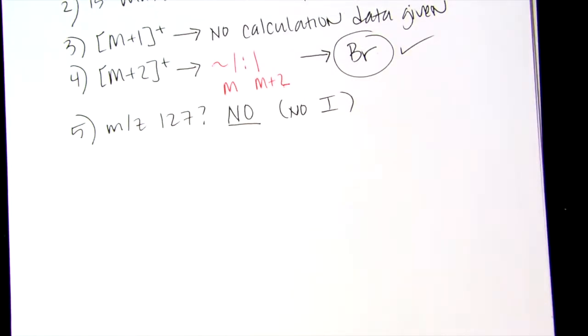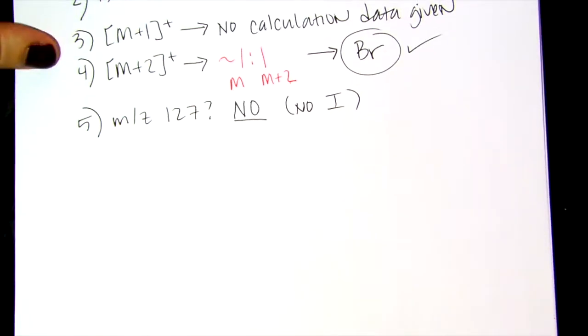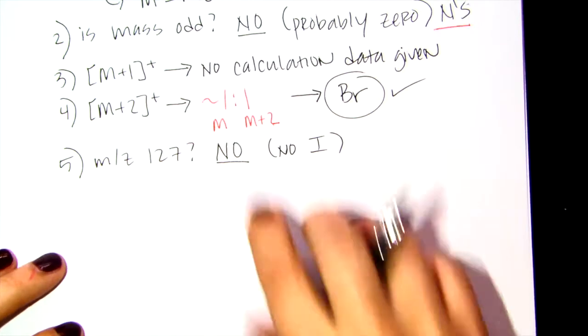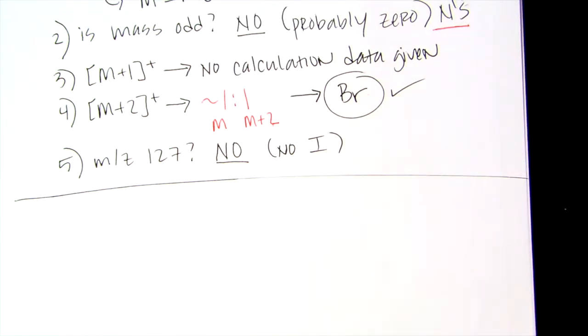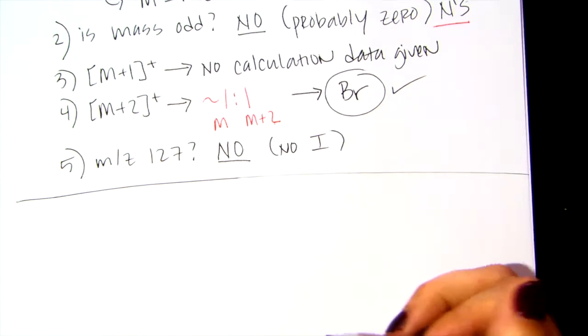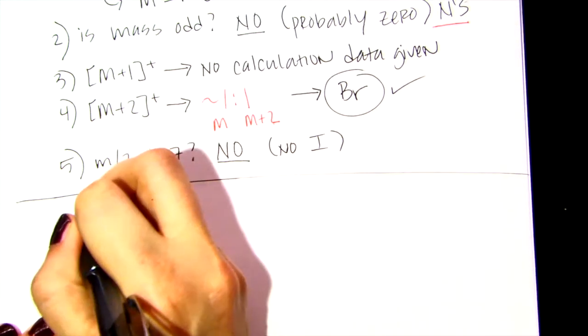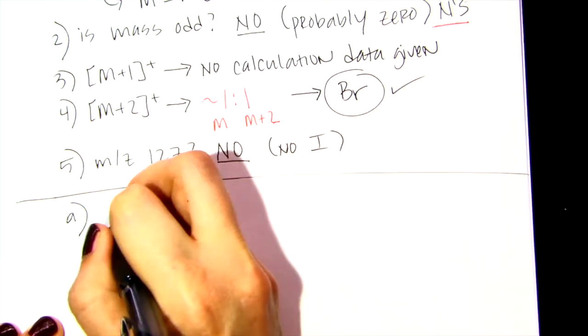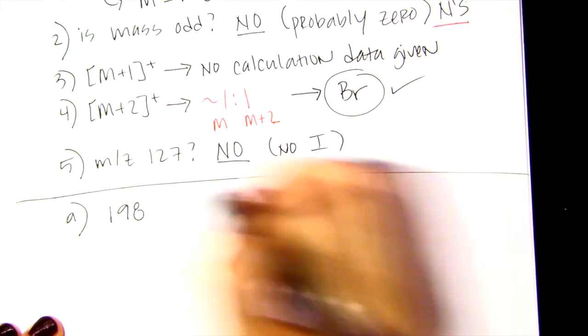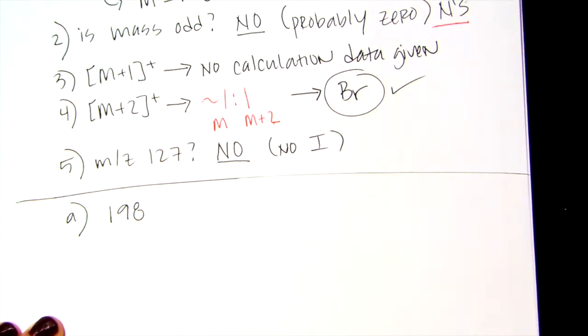And so we're ready to start putting the formula together. What we do is we start with our mass that we found. We're going to be walking through method 2 on page 6 of your worksheet. So we're going to take our mass, which is 198. This is step A here. And we can subtract any heteroatoms that we know for sure that we have.